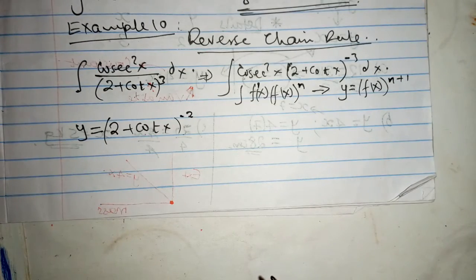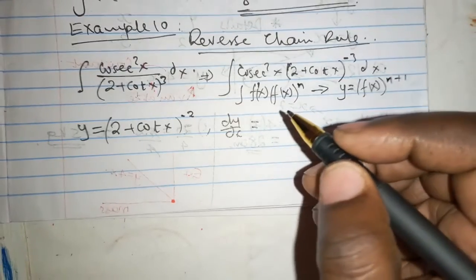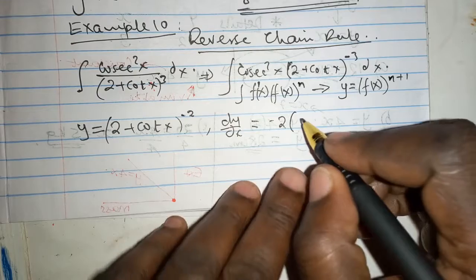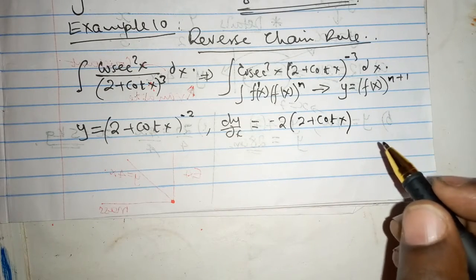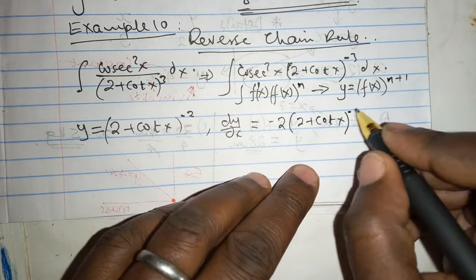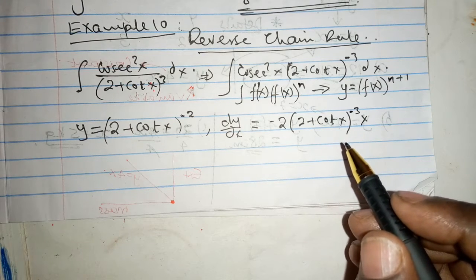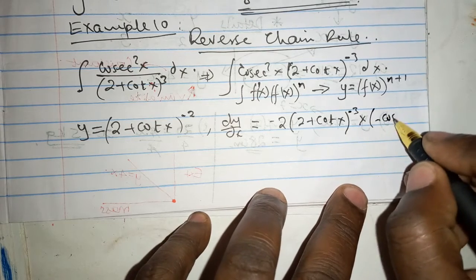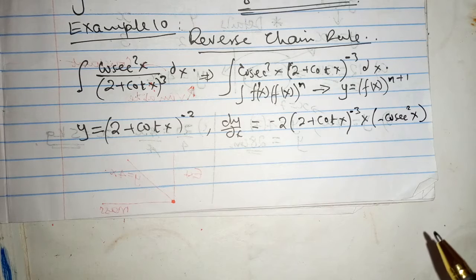Then dy/dx is minus 2 times (2 plus cot x) reduced by 1, which gives minus 3, multiplied by the derivative of cot x, which is negative cosec squared of x.